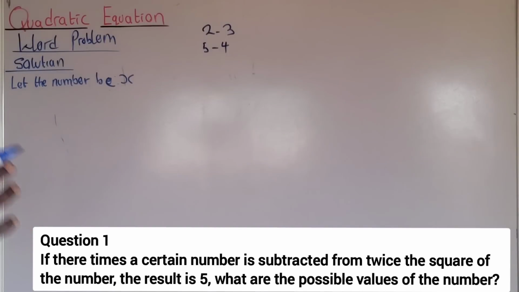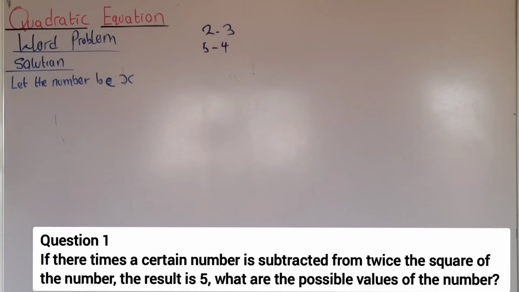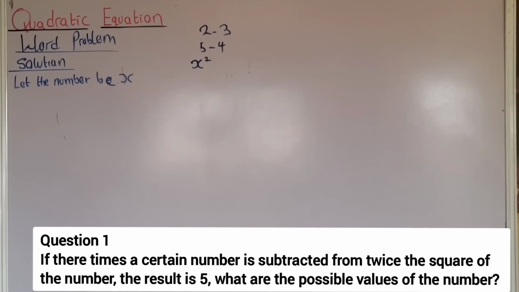Subtract 4 from 5. That means I'm going to have 5 minus 4. Now, go back to the question. We are given that 3 times a certain number is subtracted from twice the square of the number. Twice the square of the number simply means that if the number is x, the square of the number is what? x squared. Listen very carefully and don't be confused. It's simple.